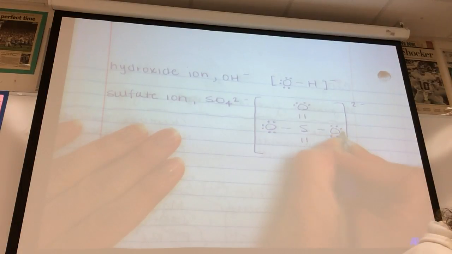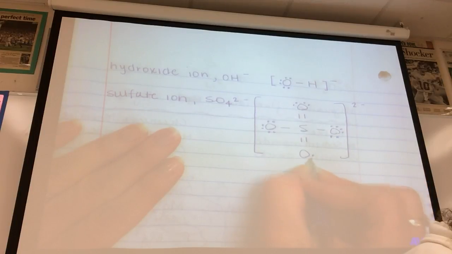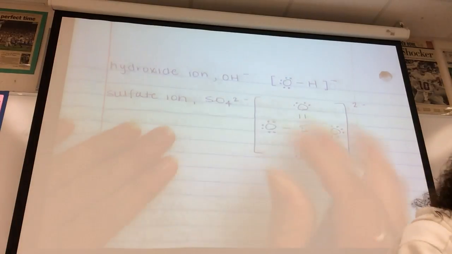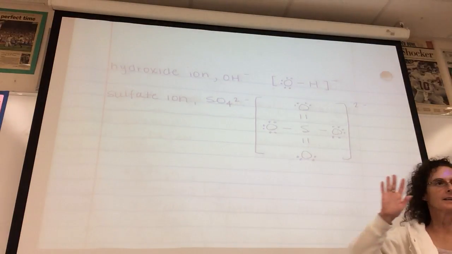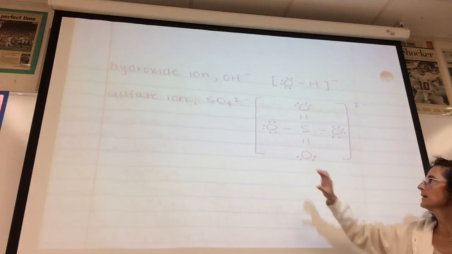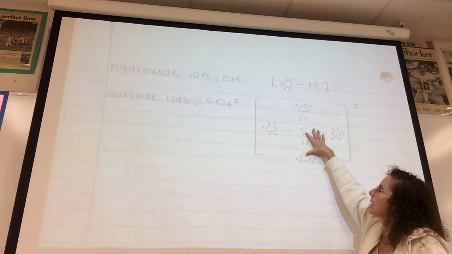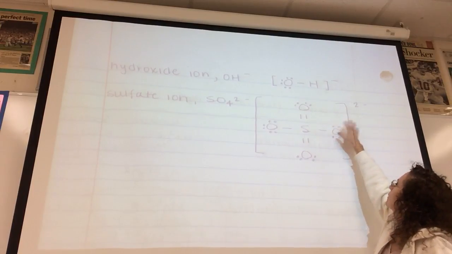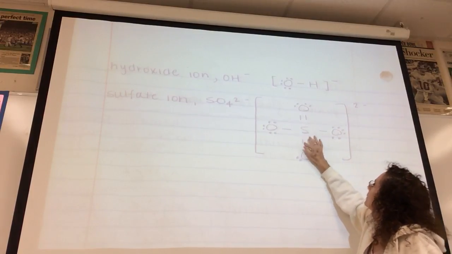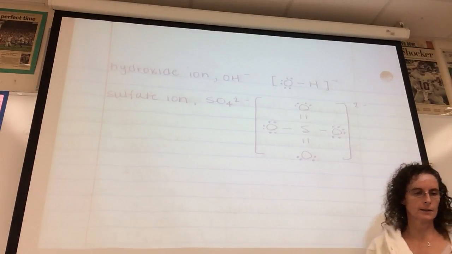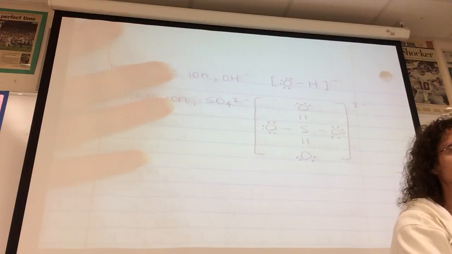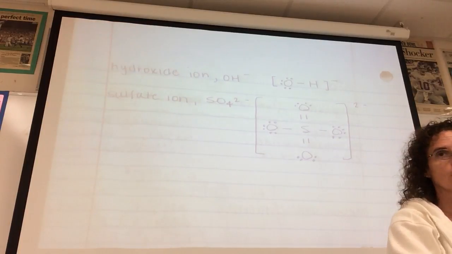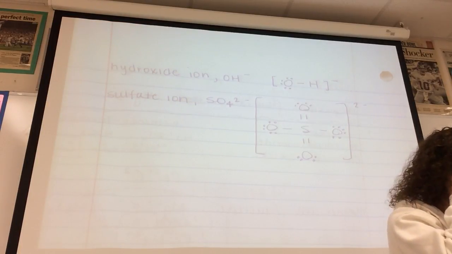You don't need to draw it. Not quite this complicated. All right. So a sulfate ion, again, it's polyatomic. It contains more than one atom, and they're covalently bonded, and it has a charge on it. These are polyatomic ions. More than one atom, covalently bonded with a charge.